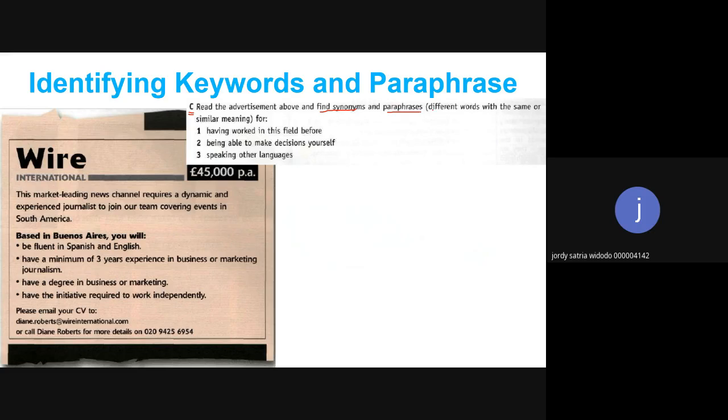Let's see number 1: having worked in this field before. What is the paraphrasing word for having worked in this field before? Now you need to check it in the advertisement. Wire International, 45,000 pounds.